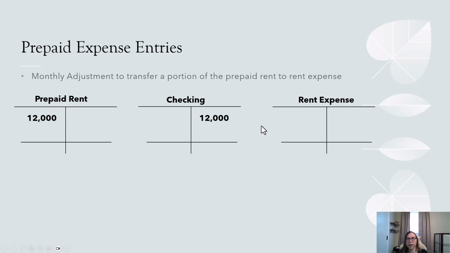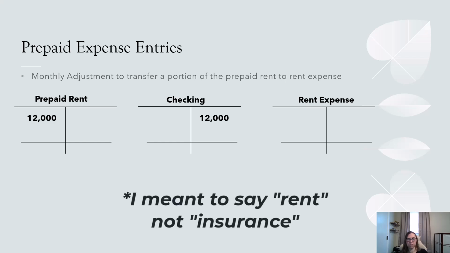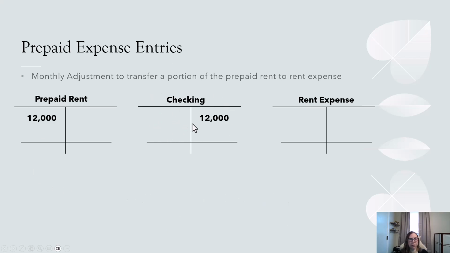Okay, so let's look at what would happen each month. You would do a monthly adjustment to transfer 1 month of rent over to rent expense. You wouldn't do anything to the checking account. You've already accounted for the money that came out of your checking account. So checking account is going to stay as is other than your other checking account transactions.